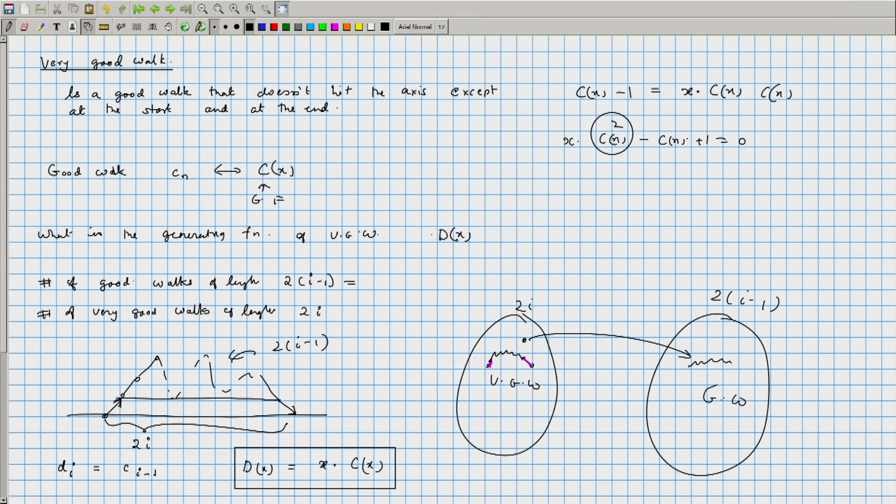Think of Cx as a variable, and if you solve the quadratic equation involving Cx, you will get Cx is equal to (1 minus under root 1 minus 4x) by 2. Okay. So, when you solve the quadratic equation, there are two possible roots, but only one root will make sense for this particular generating function, and you can check that it is the root with the negative sign.